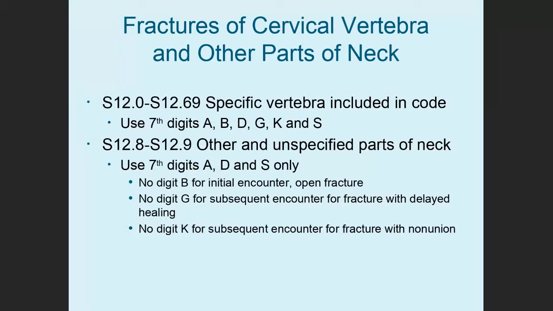Let's look at some other categories that have more than one set of 7th digits. S12 is one of those. For fractures for specific vertebrae, they use the 7th digits A, B, D, G, K, S. For other and unspecified parts of the neck, it uses only A, D, S. So for the other and unspecified parts, it excludes the digit B for the initial encounter open fracture, no digit G for subsequent encounter with delayed healing, and no digit K for subsequent encounter with nonunion.